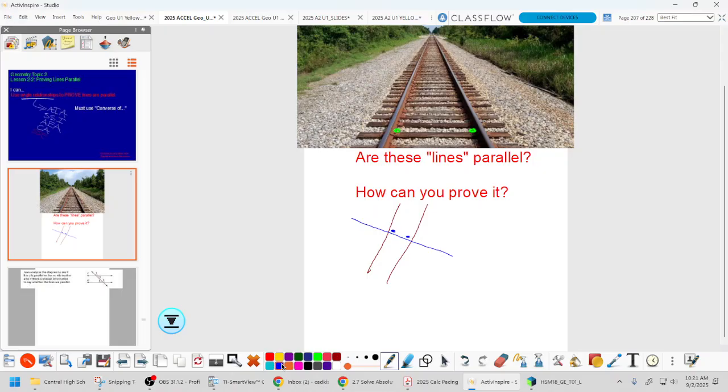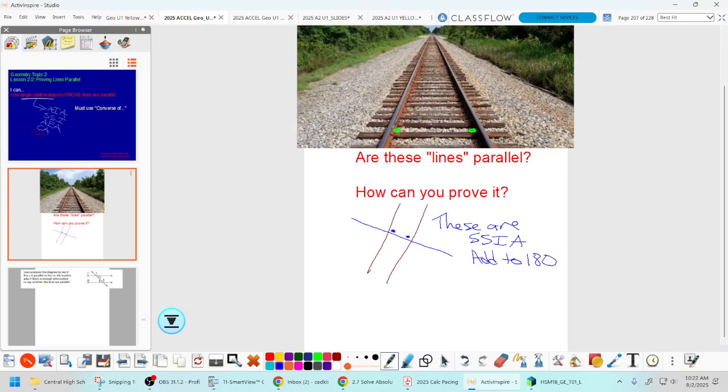What kind of angles are those? And if you need that sheet to help remind you, those are same side interior. So I'm just going to write SSIA. And what is true about them? So they add to 180, right?